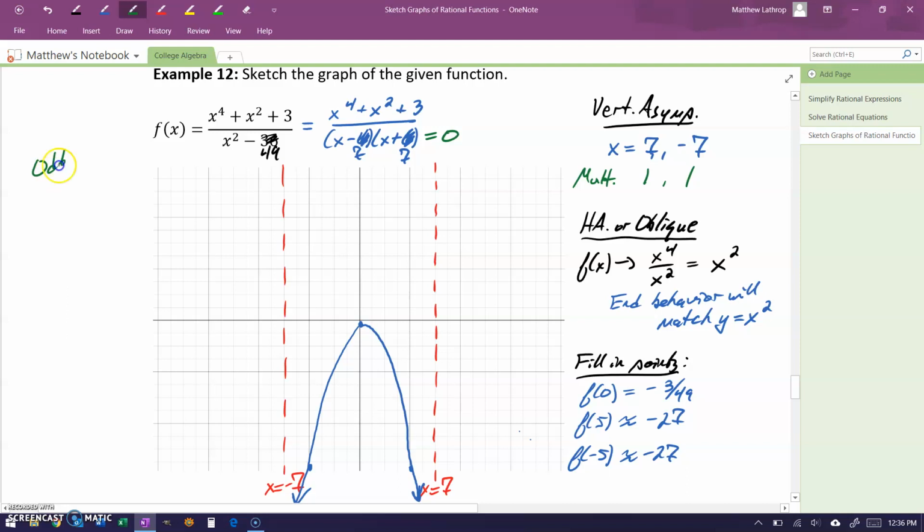That's important because if we have an odd multiplicity, then we approach those vertical asymptotes in opposite directions. If we have even multiplicities for our asymptotes, then we approach in the same direction.